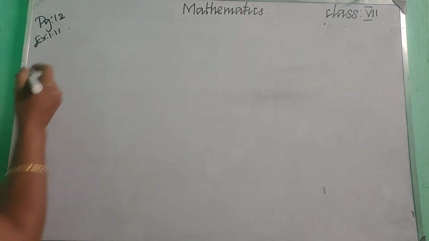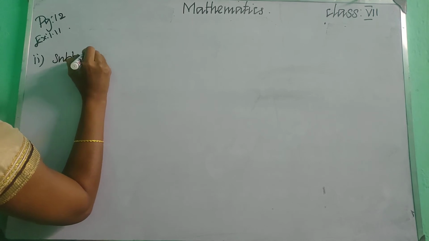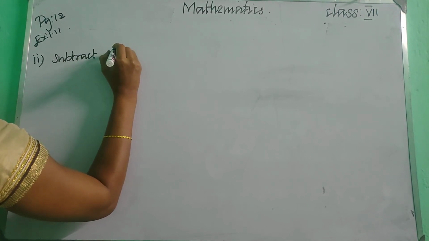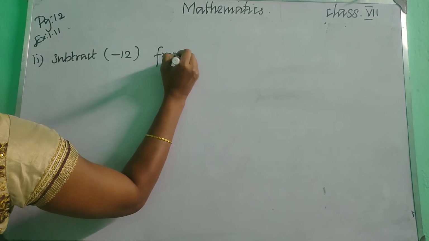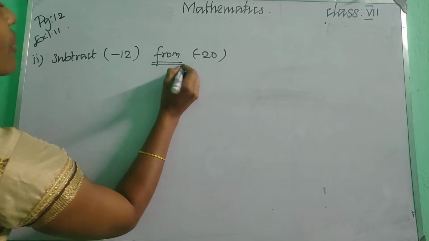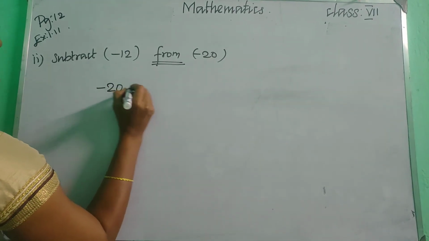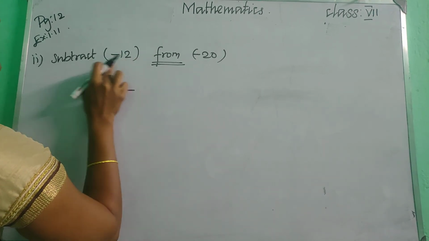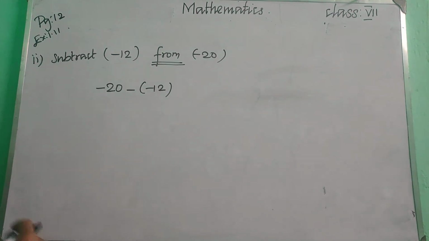So second one, subtract minus 12 from minus 20. Okay, so we are having the word from here, so this is the first term. So minus 20 minus, again already we have minus 12 here, so minus 12. Okay children, so what will you do?